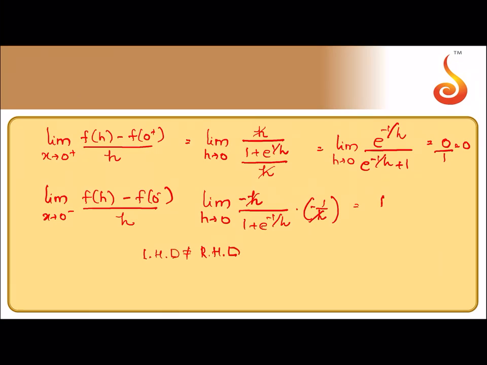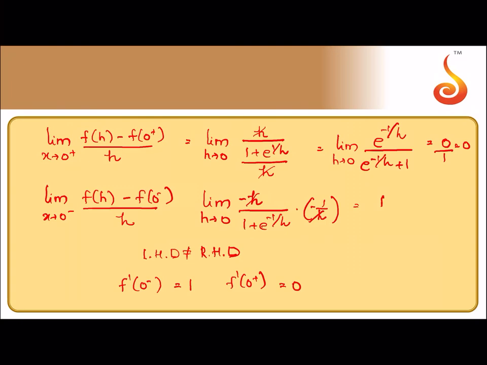So minus h will cancel, this will give you 1. So h and h will cancel. This part will become 0 as x tends to 0 minus. So left hand derivative is not equal to right hand derivative.